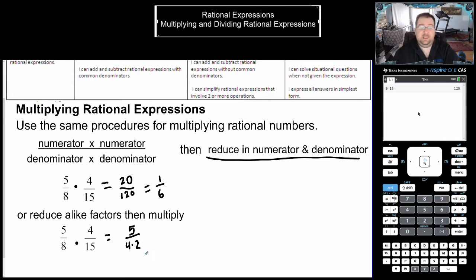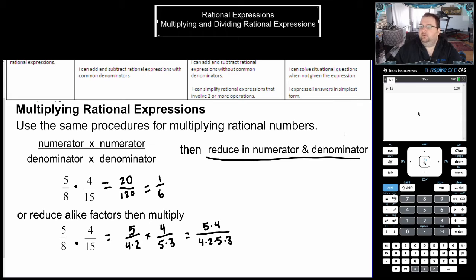And some of you may like this form. Times, let's go 4 times 5 times 3. And what's going to happen here when you're multiplying radical expressions, again, it's numerator times numerator, right? So on the top, you're going to have 5 times 4. And on the bottom, you're going to have 4 times 2 times 5 times 3.